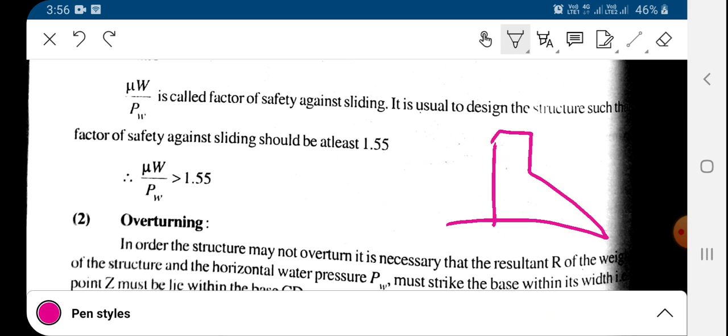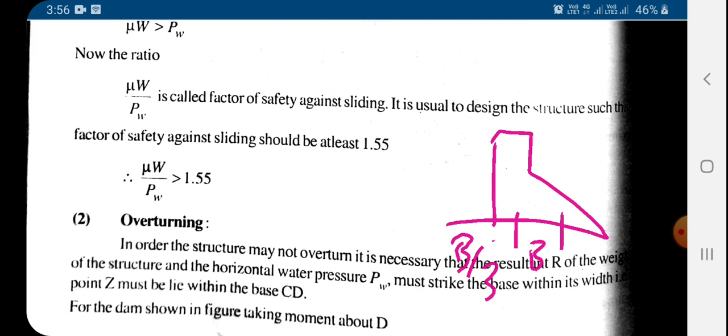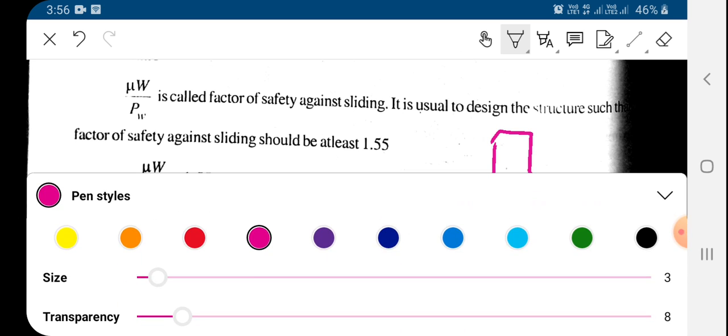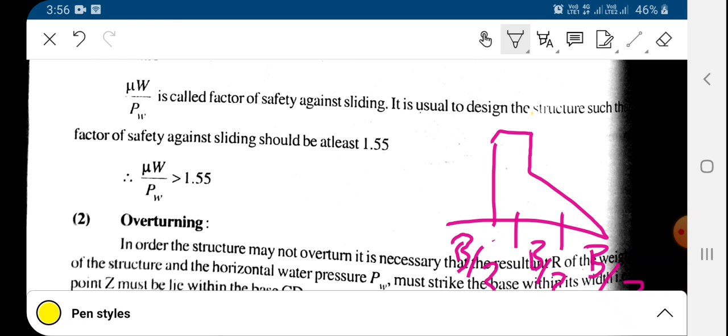If the dam's total width is b, then it will be divided into three parts: b by 3, b by 3, b by 3, and our resultant force must pass within this middle third to have safety against overturning.